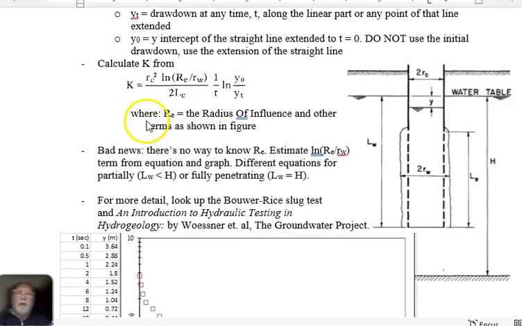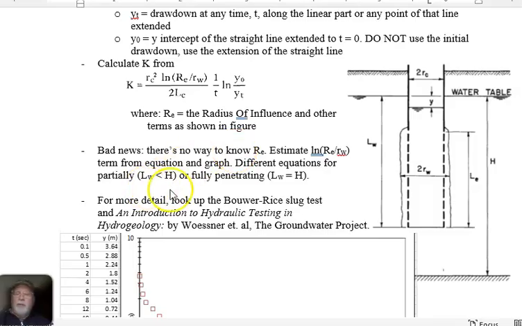Re is the radius of influence. Bad news, there's no way to know Re. For an exam, I might actually give you an Re, wink, wink, to make it a little easier to calculate. But what we actually do is estimate this term, the log of Re, the radius of influence, over Rw, from a graph. And we have different equations for different situations.